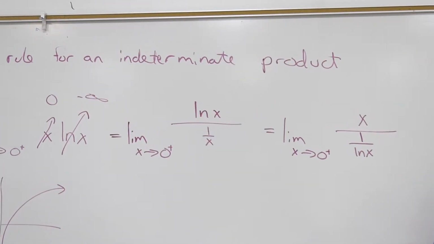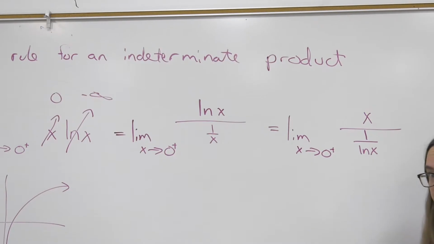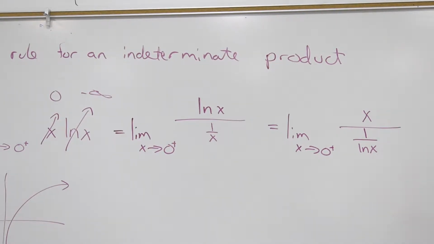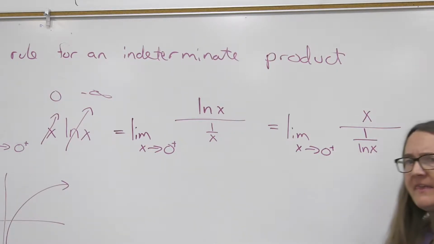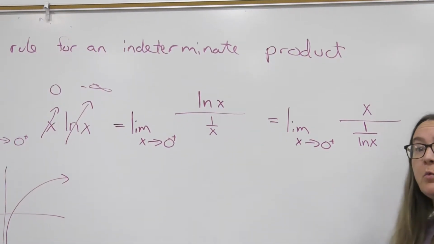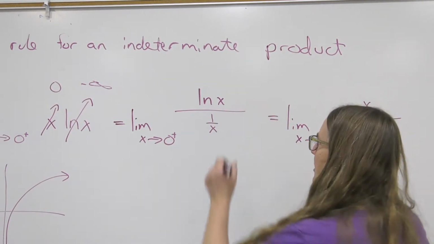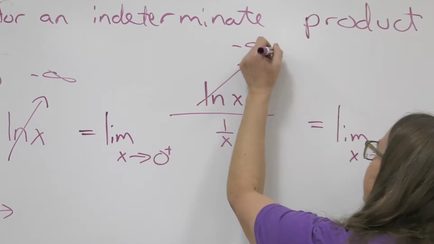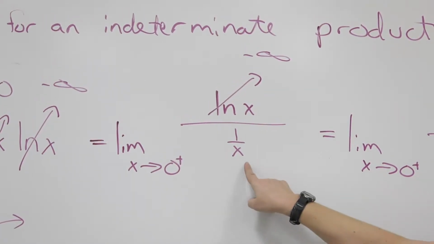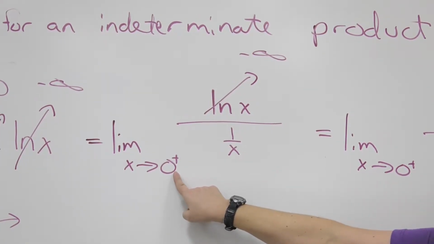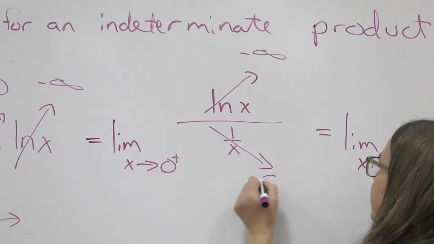Now, both of these are indeterminate quotients, so that we can use L'Hopital's rule. Let's just verify that really quickly and then take a look at which one will be simpler. If I look here, the natural log of x, we already said that was going off to negative infinity. If x is going to 0 but x is positive, its reciprocal is going to positive infinity.